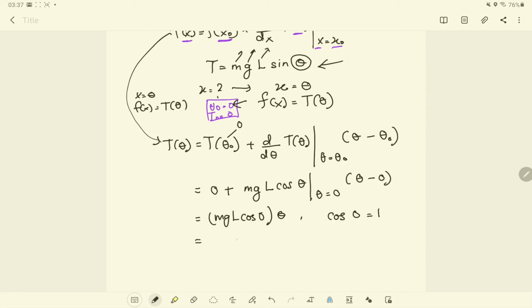So therefore T(theta) is equal to mgl times 1 times theta, so we get mgl theta.